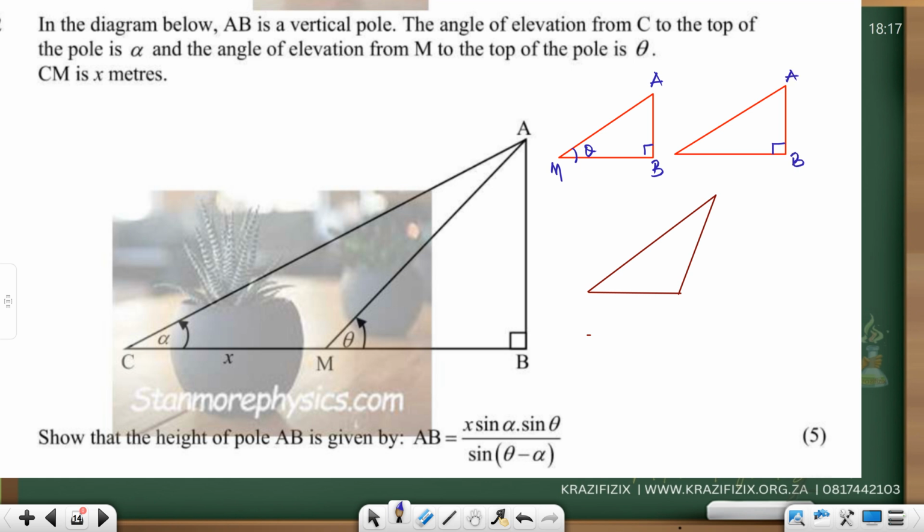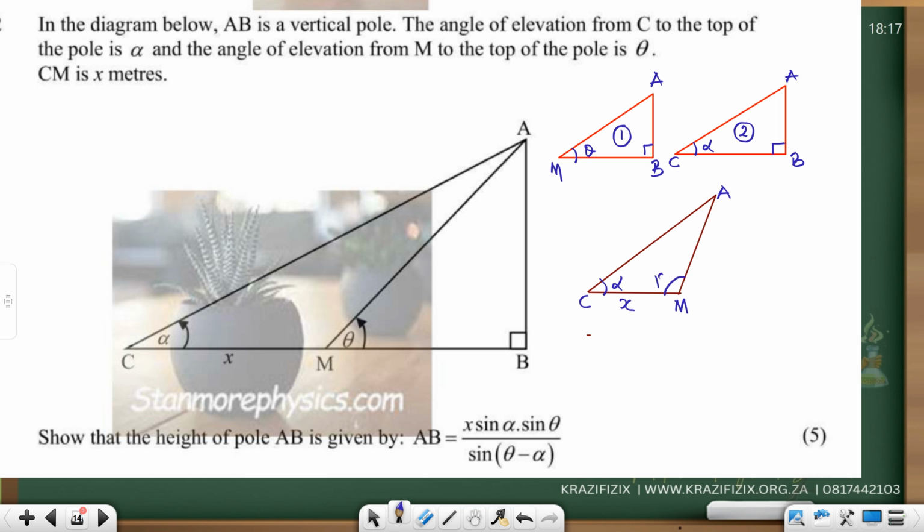A, B, C. And that's alpha. I'm going to call this, for emphasis, triangle 1, triangle 2, C, M, A, X. What is this? Alpha.